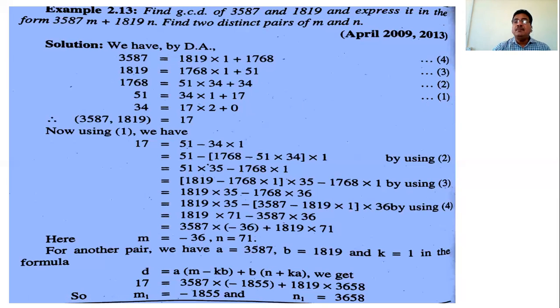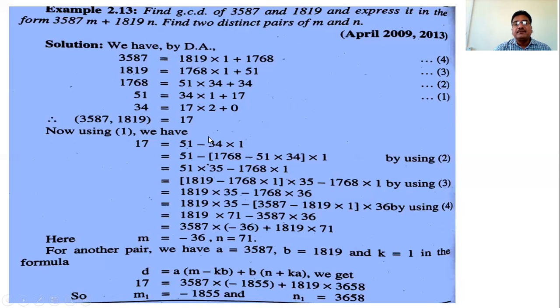Okay, and then from equation number 1, what do we have? The value of 17 is 51 minus 34 into 1. Then if you observe the second equation, what is 34? It is 1768 minus 51 into 34.